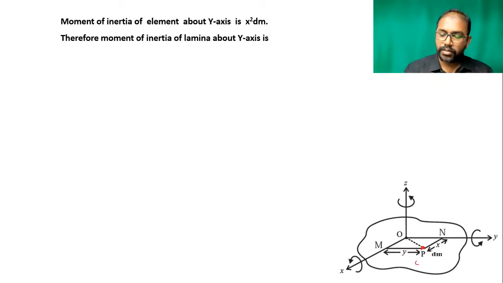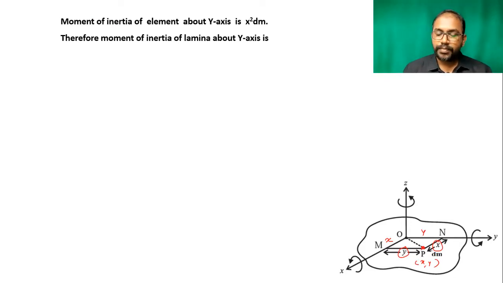The coordinates of this P are x and y. So this distance is y and this distance is x. In a similar manner, this is also y, then this is also x. So we have drawn here a parallelogram or a rectangle, we can see.